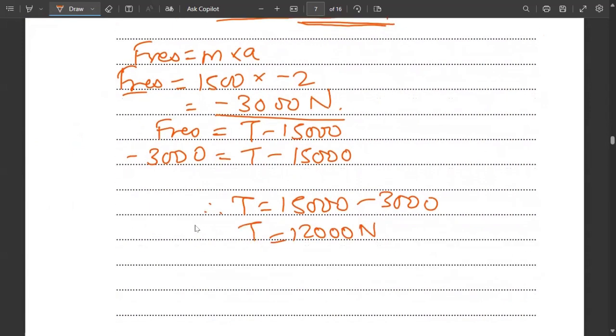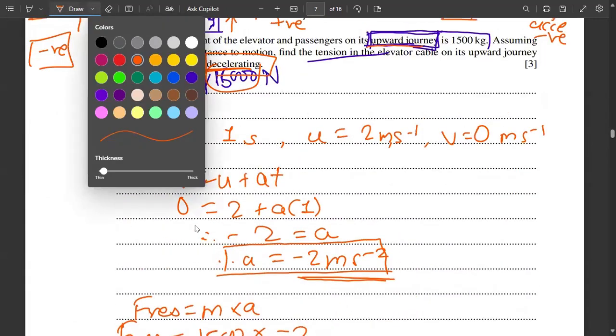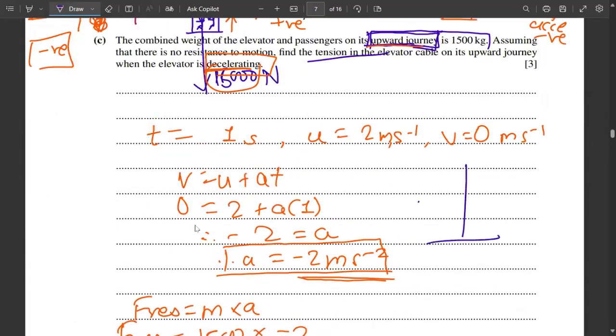Let me explain the directions to you again. Here is the elevator. Motion is upwards. Acceleration is downwards.